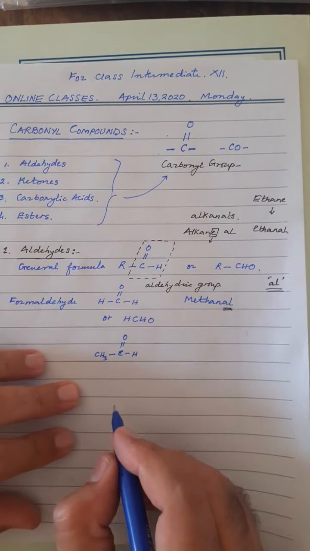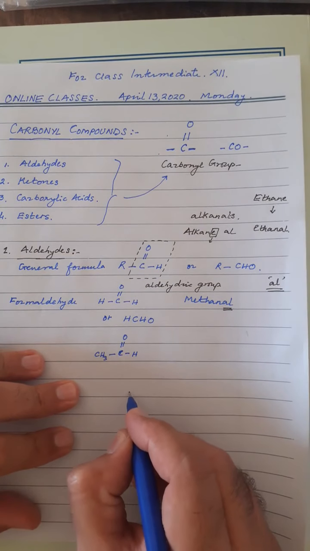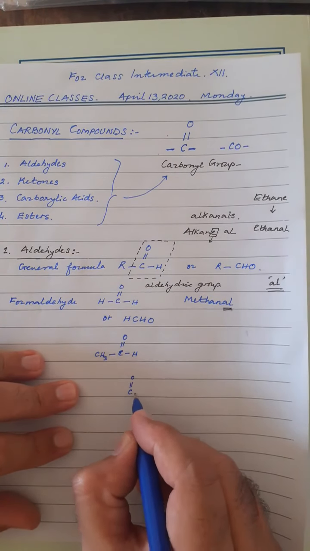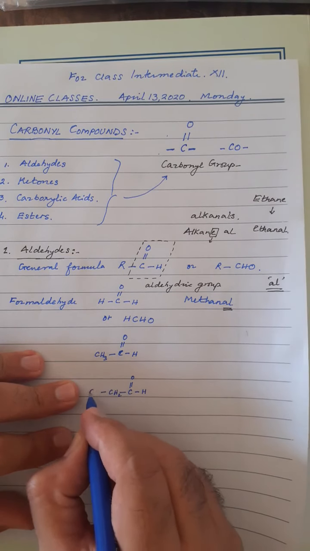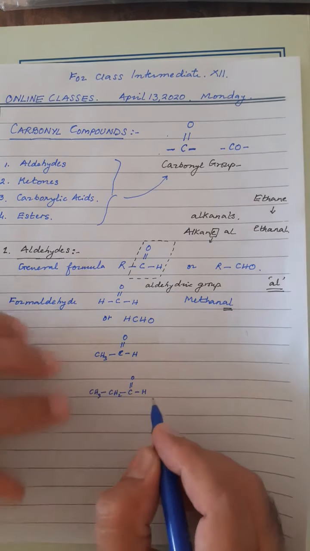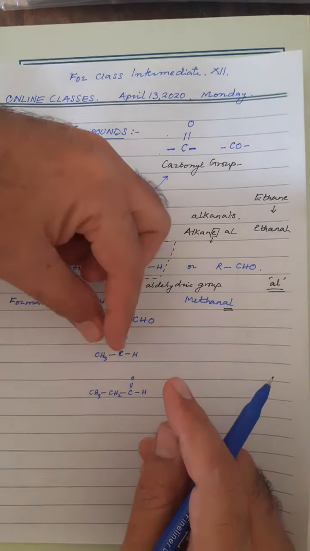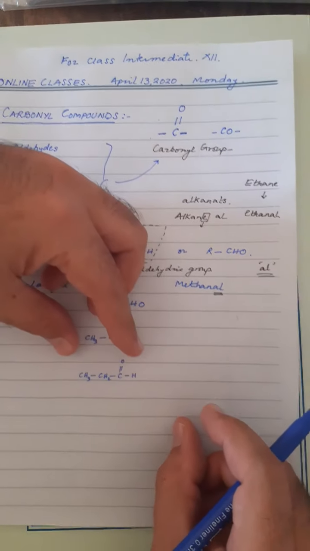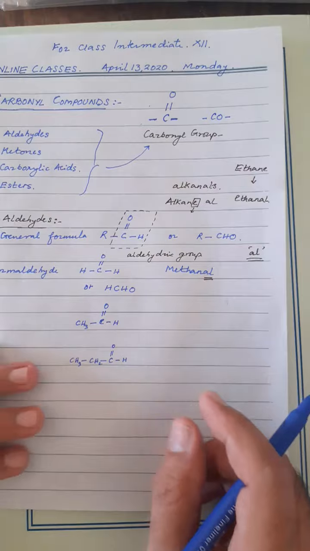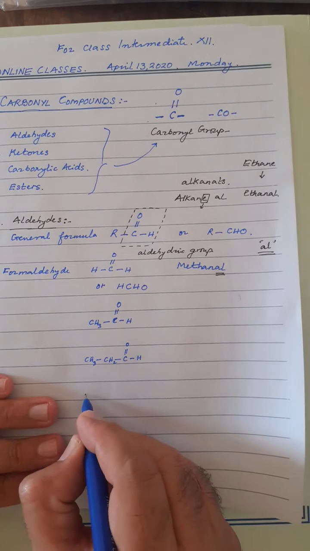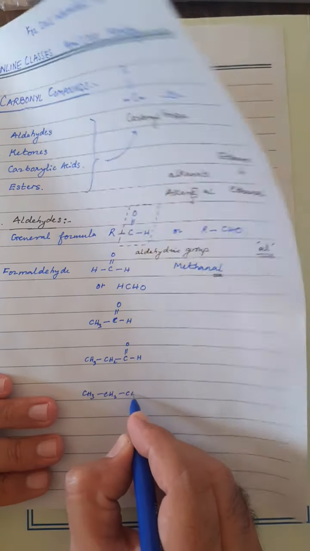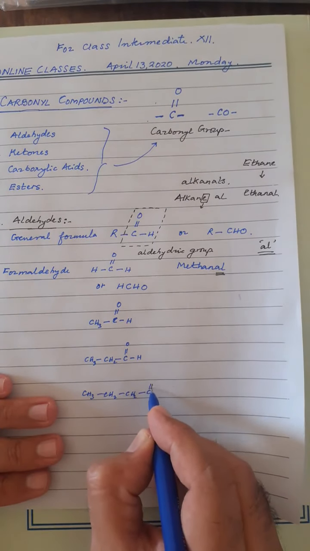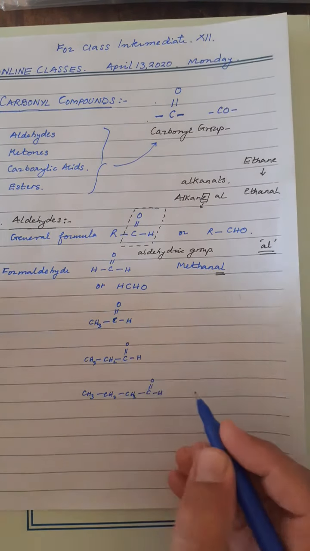Okay, if I take another example and I take carbonyl, one valency with carbon and CH2, CH2. Now methanal, 1 carbon, ethanal, 2 carbons, propanal, 3 carbons, and if you want to go more, 1, 2, 3, 4, and here we go. This is butanal.